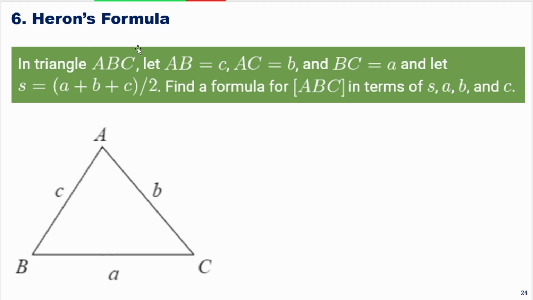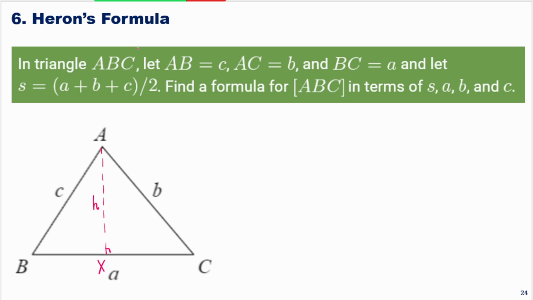Alright, let's try to do this together. So in order to find the area of triangle ABC, usually we'll use altitude, right? So first of all, we can draw the altitude AX, which is perpendicular to BC at X. Then let the height AX equal h. Then as long as we can solve h, we can find the area of that triangle, right?